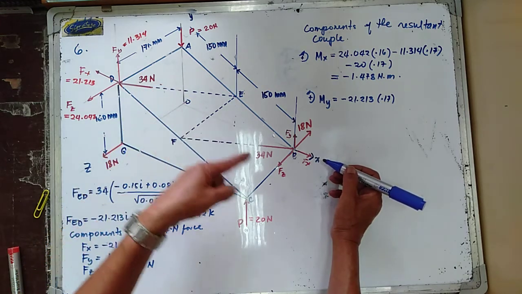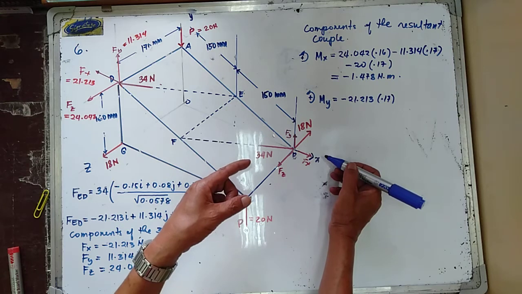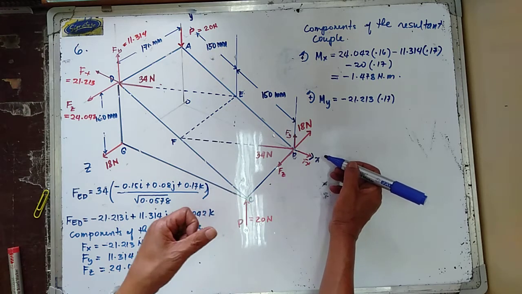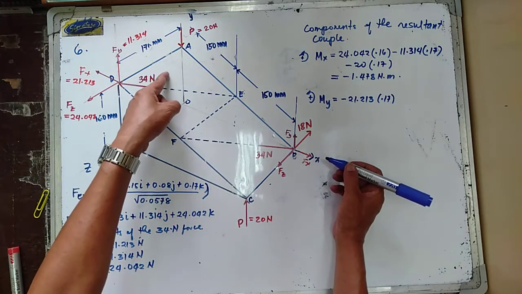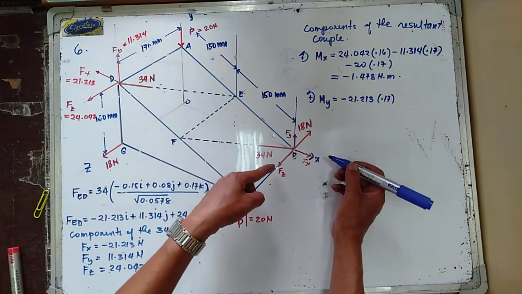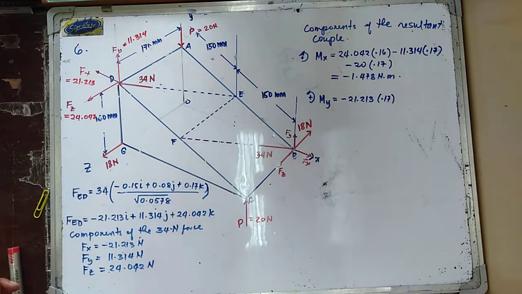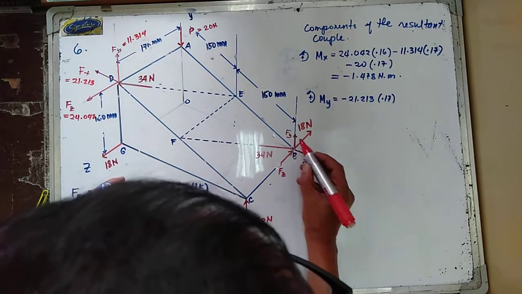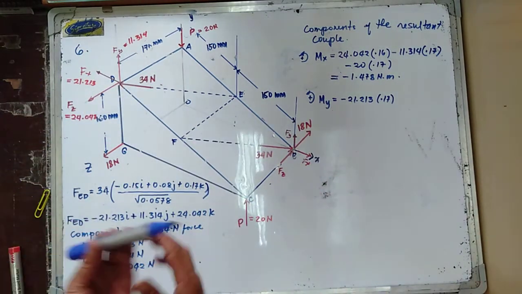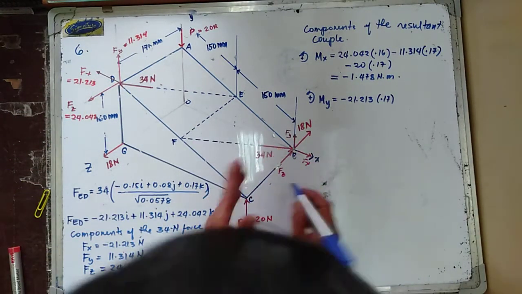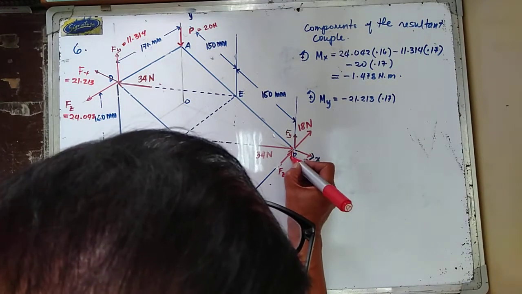Hence, your Fj in here is equal to 24. So this is the y-axis, and this is the direction of the force Fj.